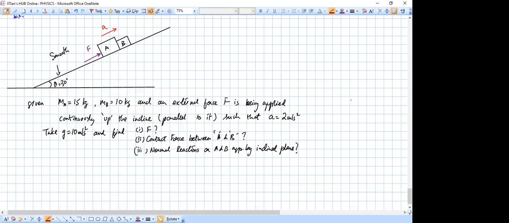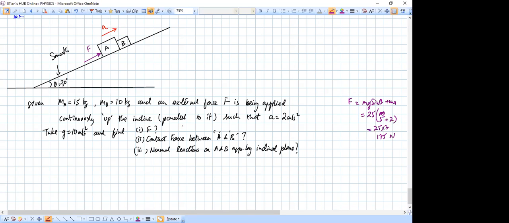According to my calculation, your F should be mg sine theta plus ma. The combined mass is 25 kg. g sine theta is 5, plus a is 2. So 25 into 7, so 175.